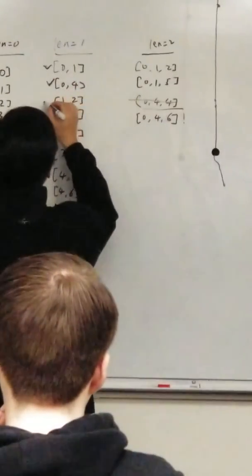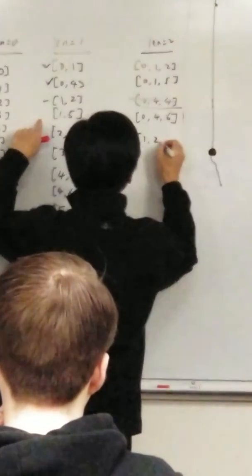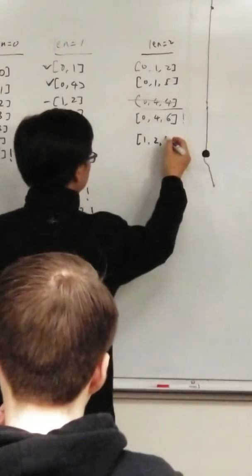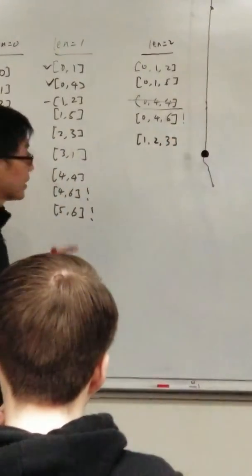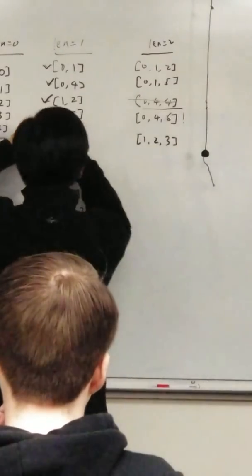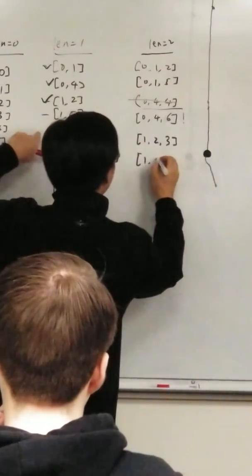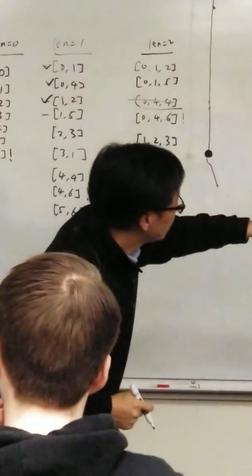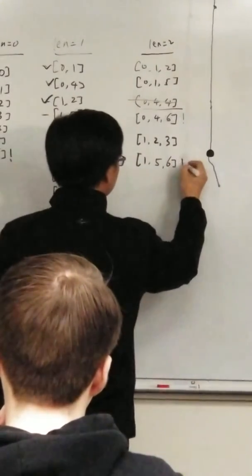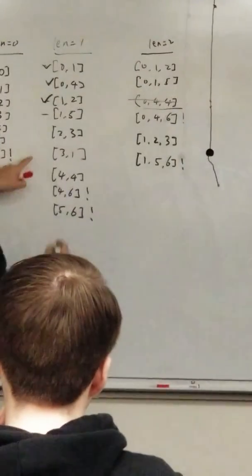Then I finish this one, I go to the next one, 1, 2. The only possible extension is 1, 2, 3, right? So I finish this one, 1, 5. I go to this one, 1, 5. The only extension is 6. You put the exclamation mark.